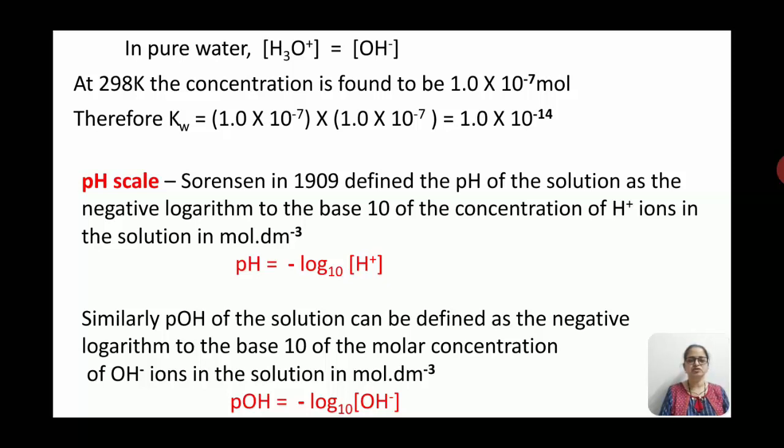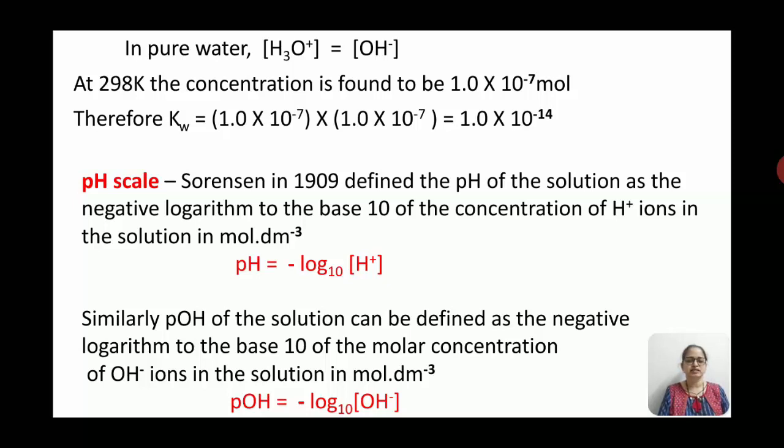Now, from this expression as well as from the definition, you will come to know that if the hydrogen ion concentration in the solution is less, pH will be more. Vice versa, if the hydrogen ion concentration in the solution is more, pH will be less. Now, similar to pH, we are going to see the meaning of pOH. What is the meaning of pOH? Of course, it is the potence of hydroxide ions.